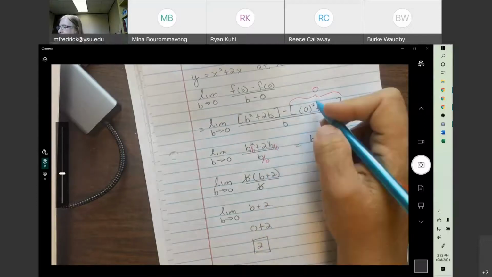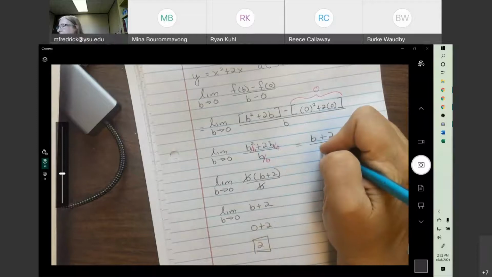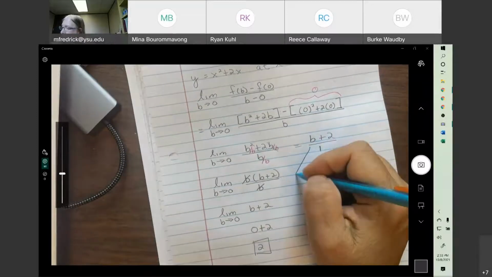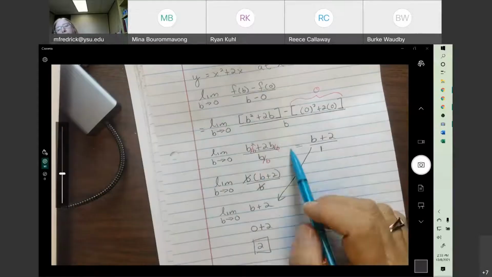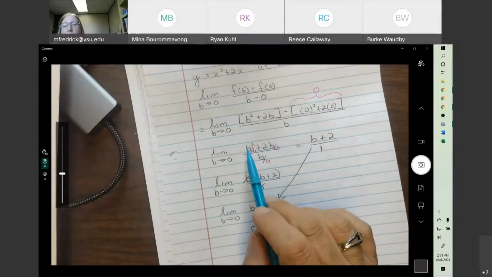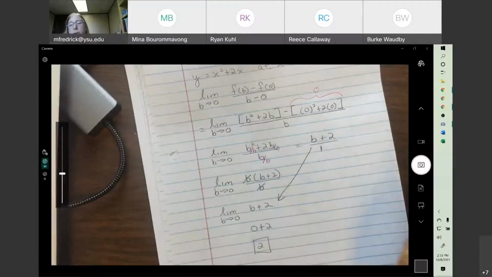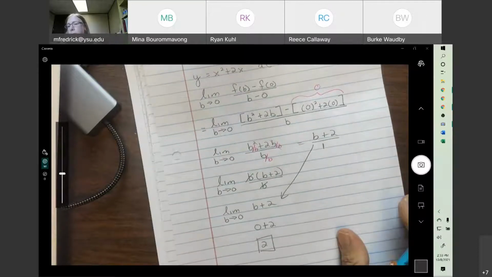Here the b's cancel, plus 2. And b over b is 1, which is b plus 2. So either way, factor and then simplify, or divide it into every term. Any questions on that one?